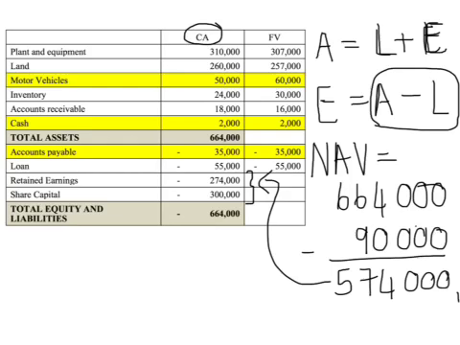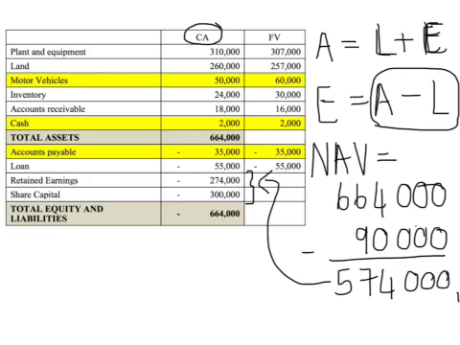But in other questions, you might only receive information on the fair value of the assets that has been acquired, together with maybe information on the equity of the company that is being acquired. And then you need to be able to, from the equity figure, calculate the net asset value at fair value of the assets and the liabilities, the assets acquired and the liabilities assumed.